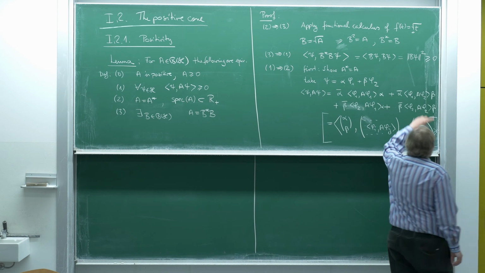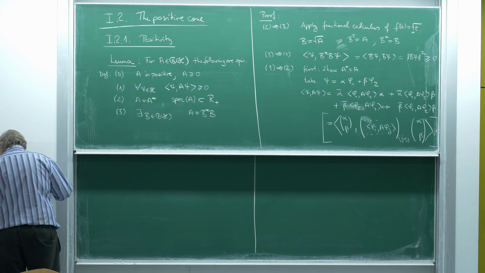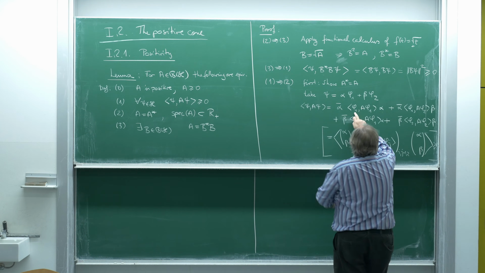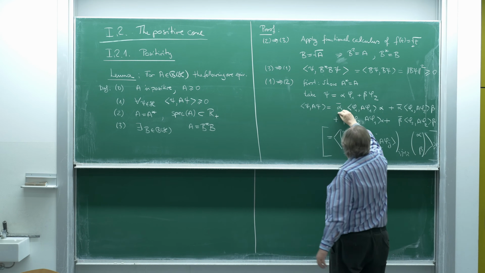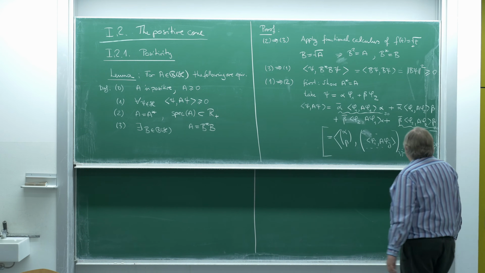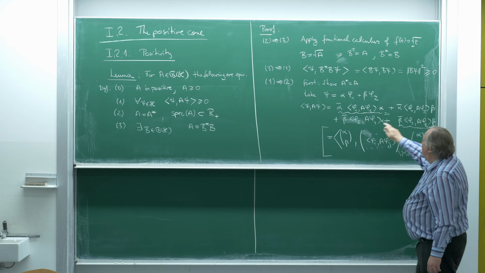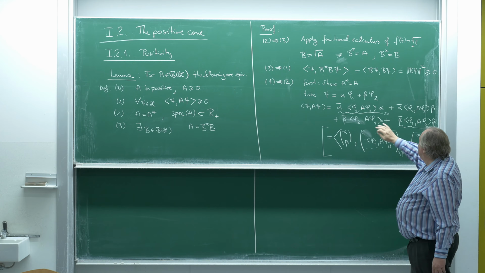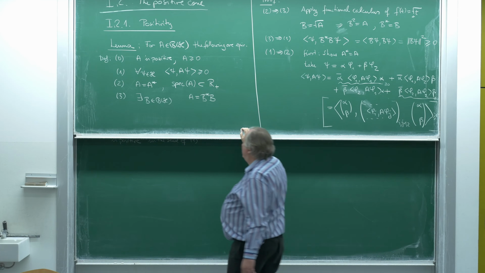Right? So if we look at the terms that are written there, then this is alpha absolute squared, and this is a diagonal scalar product of which we know that it's positive. So this is positive, and this guy is positive. And now the whole thing also has to be positive, but that means that this part has to be real. So the whole thing is a real number. So these terms together have to be real.